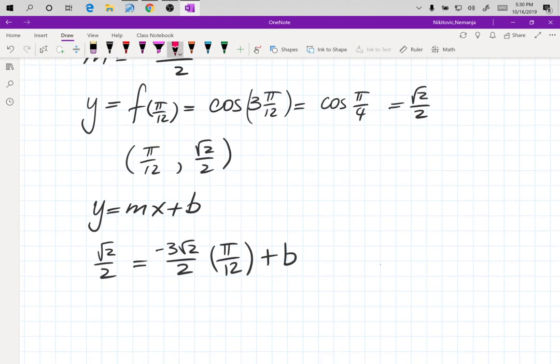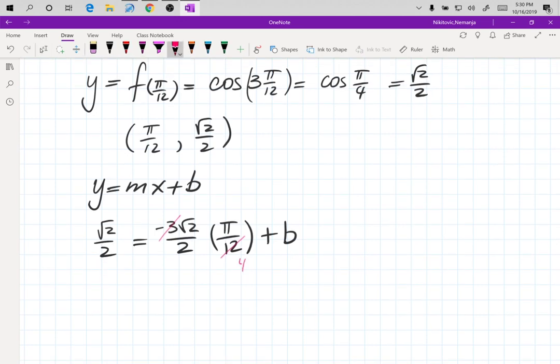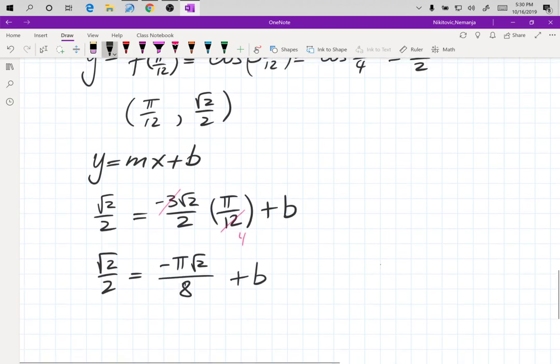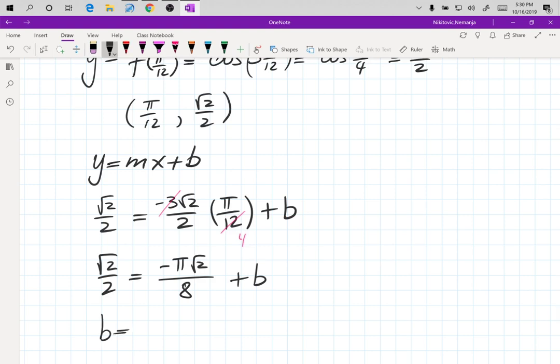So now 3 will cancel with 12, leave us with a 4 there. So we have root 2 over 2 is equal to negative pi root 2 divided by 8 plus b, and we have that b is equal to root 2 over 2 plus pi root 2 over 8.